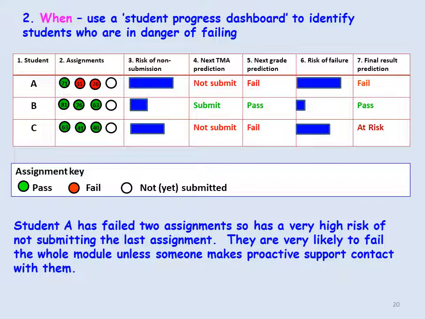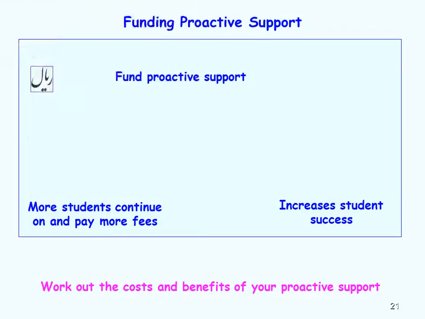But as I said before, employing a skilled human being is expensive. But that can be because very few universities really do proper, cost-effective analysis of student support and its cost benefits. If you do that, you can see that we can have a positive triangle.